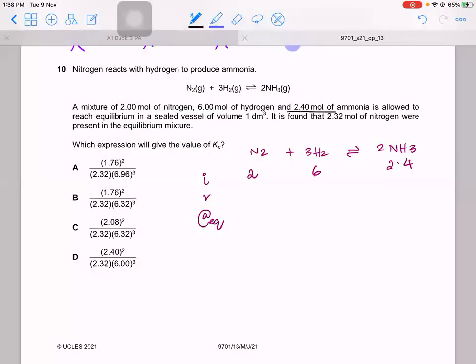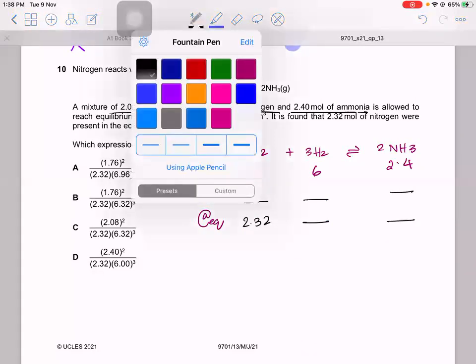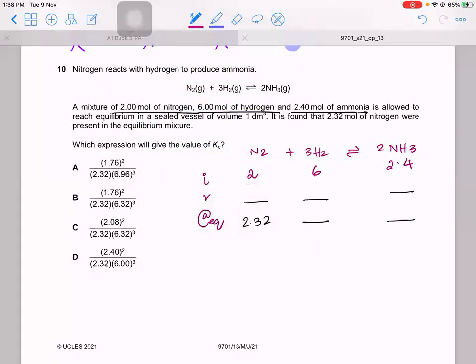So they've told you that they are allowed to reach equilibrium. They've given you initial of all. Now, it is found that 2.32 moles of nitrogen were present at equilibrium. So we have to find all of this. Now you see, the thing is, you have more at equilibrium than initial.